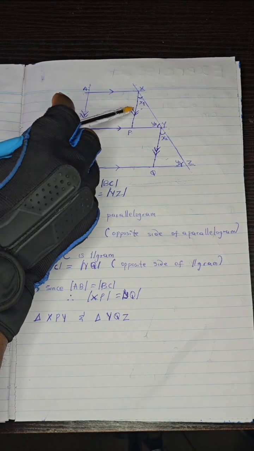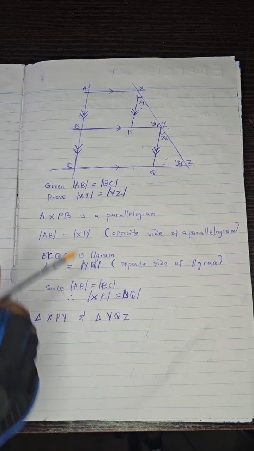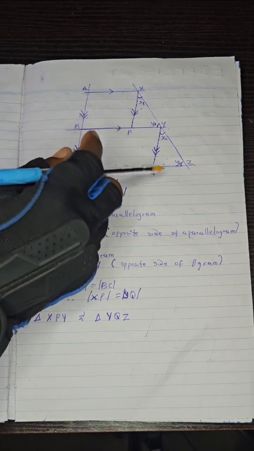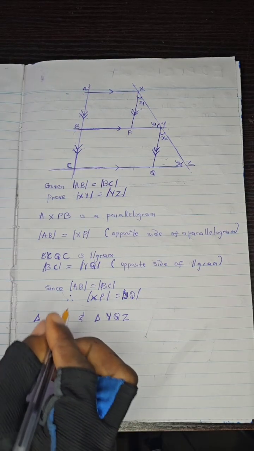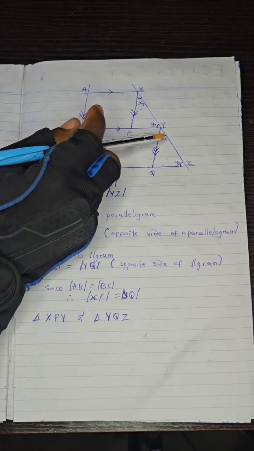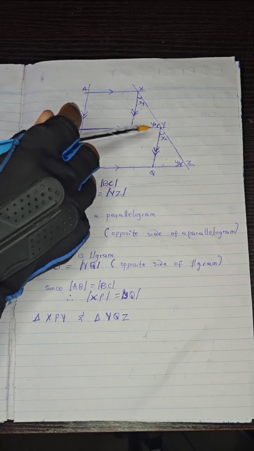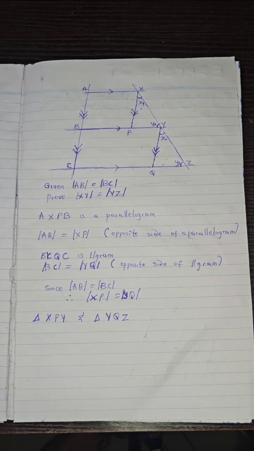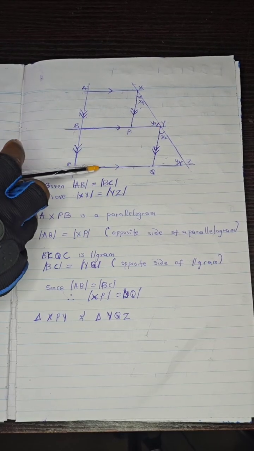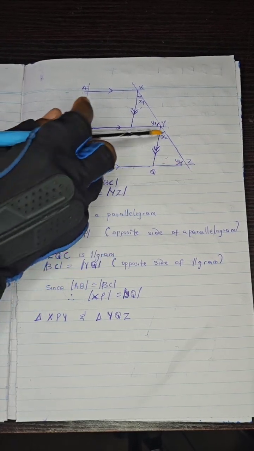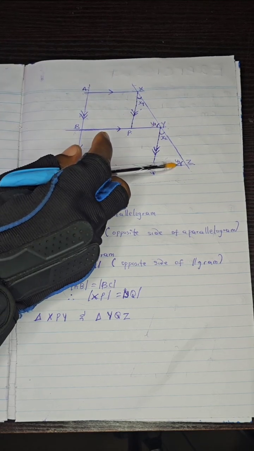Now we are able to confirm that here and here are equal from here. So we are trying to know if these two triangles are congruent. We know that XP is equal to YQ. That's already certain. So the first thing we are to check is these two angles here. What do you observe? You observe that this is a parallel line and this is also a parallel line, and a transversal cuts through the parallel lines to create Y1 and Y2.